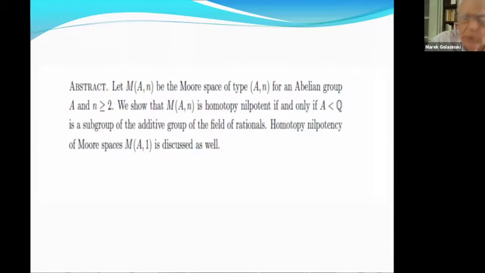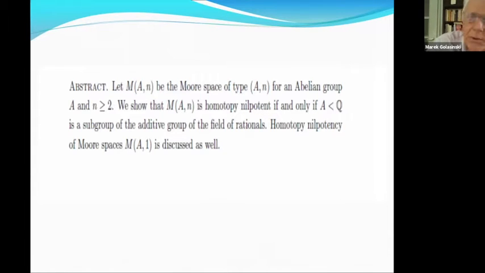I'm going to say something more precisely on Moore spaces later, but let me mention that a Moore space is somehow a generalization of a sphere. If A is the infinite cyclic group, then it's exactly a sphere. And we show that a Moore space is homotopically nilpotent if and only if A is a subgroup of the additive group of rational numbers.